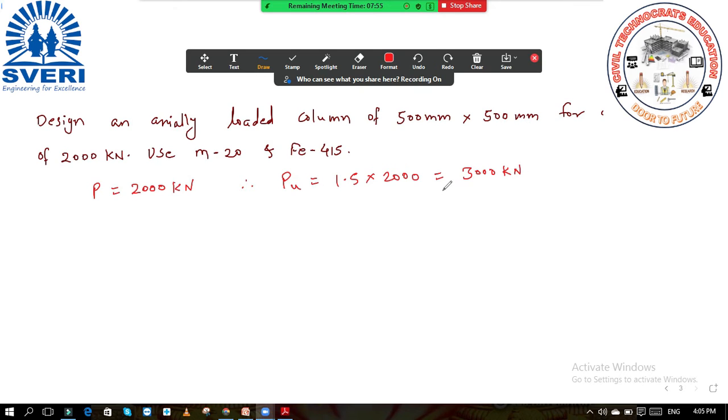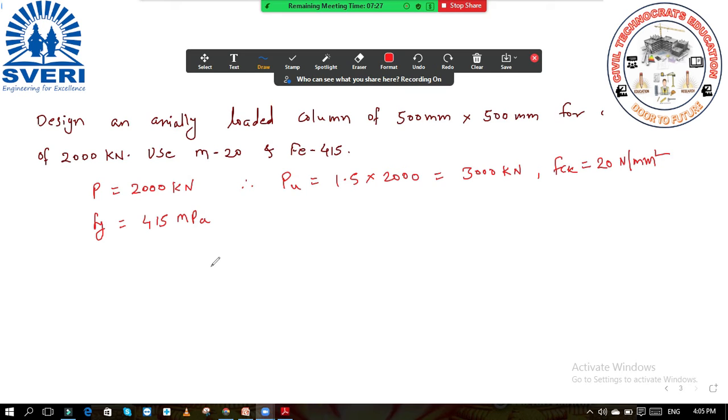Then fck, its value is 20 Newton per mm square, and fy is given as 415 Newton per mm square, that is megapascal. We also know the size of column, it is 500 by 500 mm.